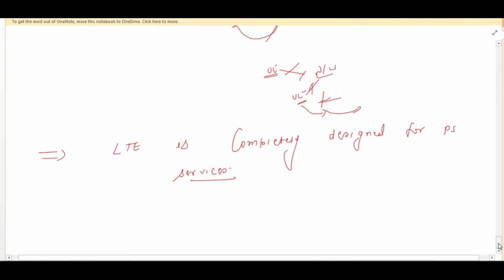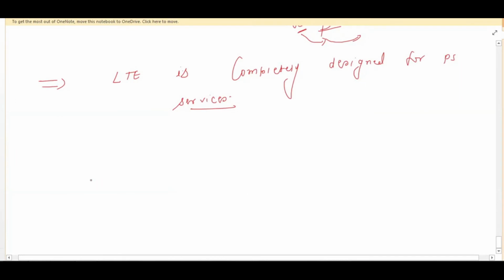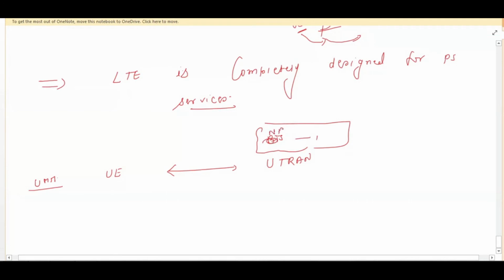So now, in UMTS, you have seen UE and UTRAN. In 3G, in UMTS, the UE was communicating with the UTRAN. UTRAN means what? It was having the Node B and RNC.